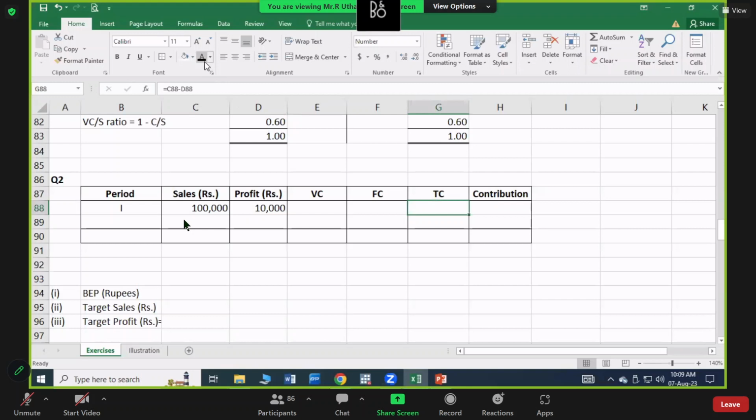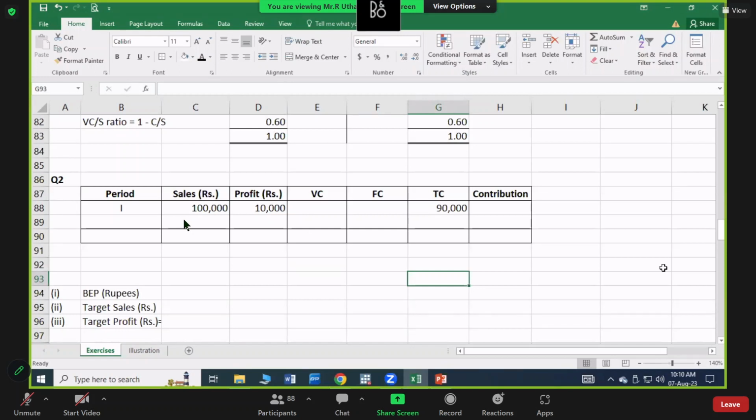If you deduct a 90,000 cost from the sales, you get the profit of 10,000. But you can't get the variable and fixed cost now, only the total cost. Contribution also you can't calculate unless you know the variable cost.